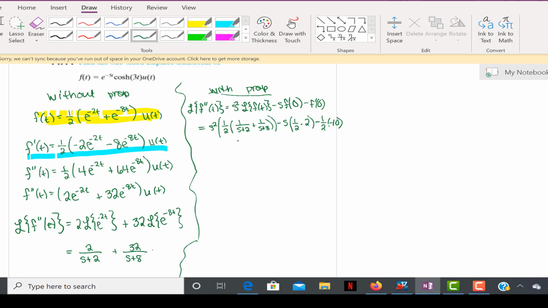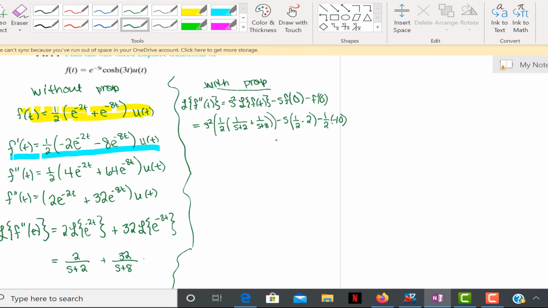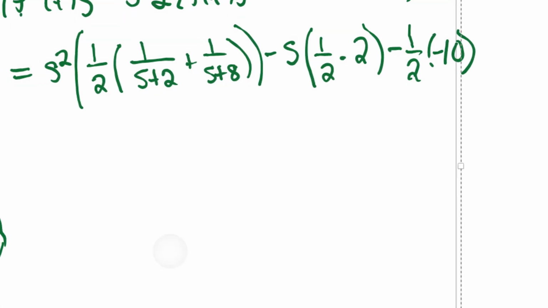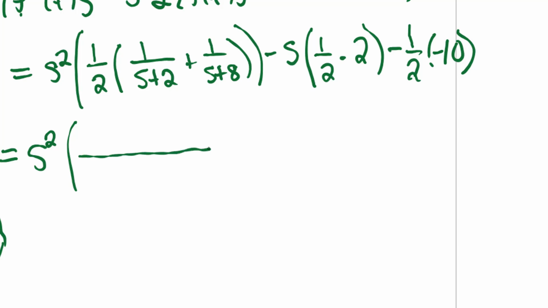Okay, so I think what I would do is get a common denominator in the parentheses there. So I'll leave this s squared here. So that 2 is just out in front, and then the s plus 2 times s plus 8.